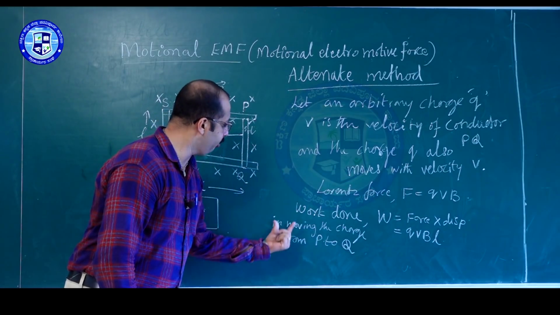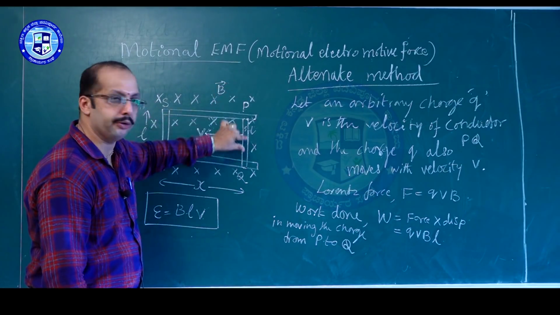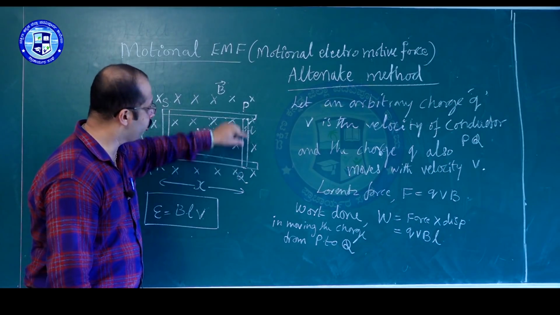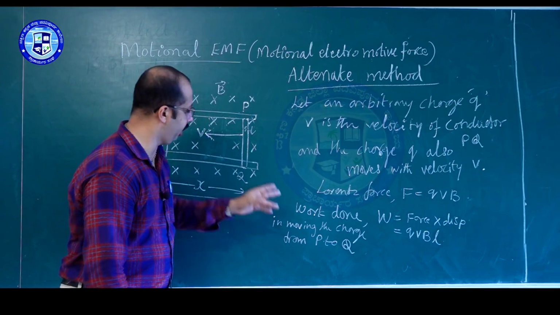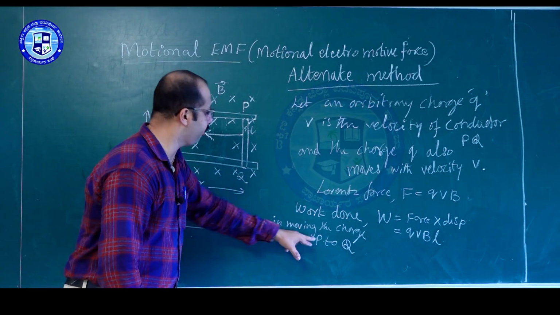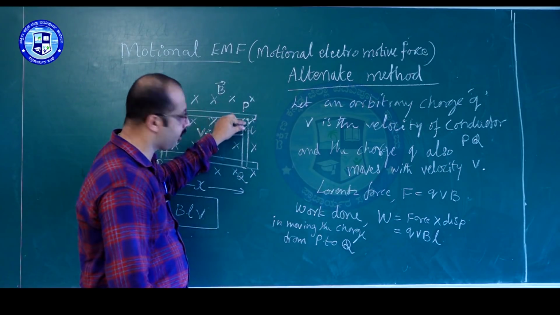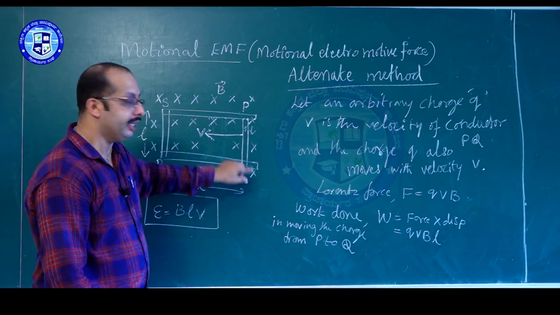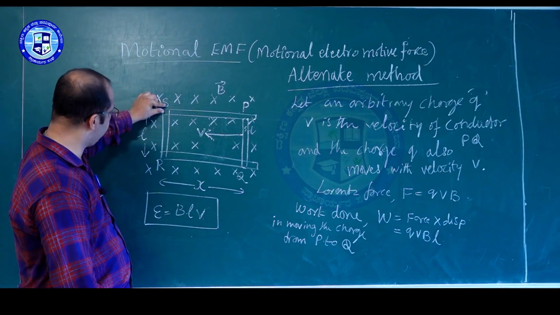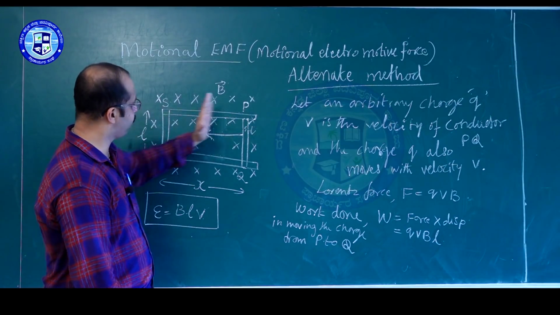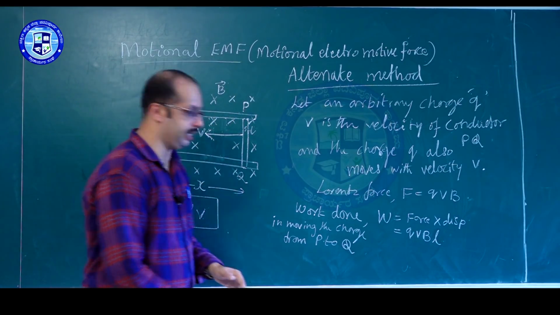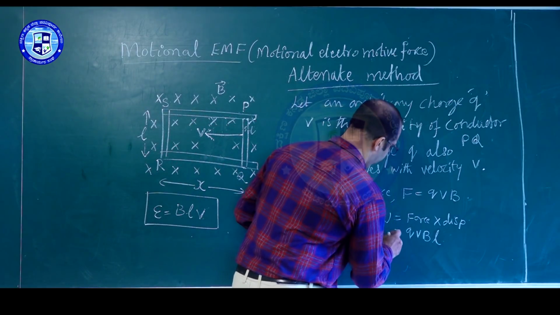Work done in moving the charge from P to Q, due to the flow of charge, gives the current in the upward direction, Q to P. The displacement of charge from P to Q is the same as from S to R, that is L, the parallel sides of the rectangle. So PQ is represented by L, the displacement. So QVB into L is the work done.